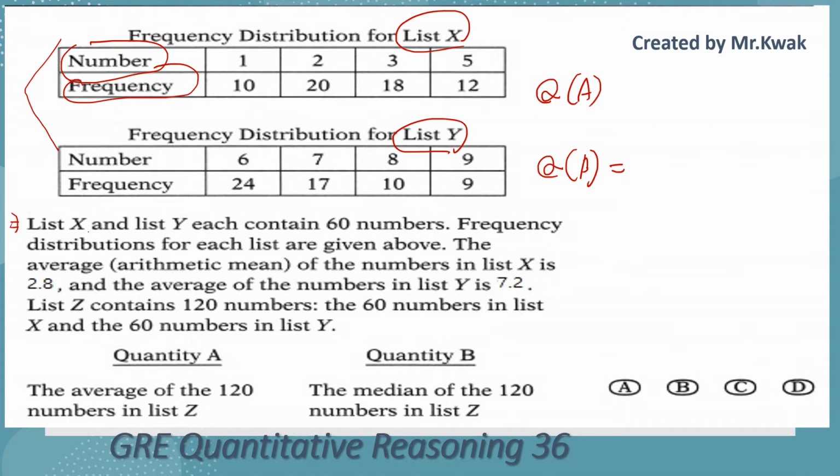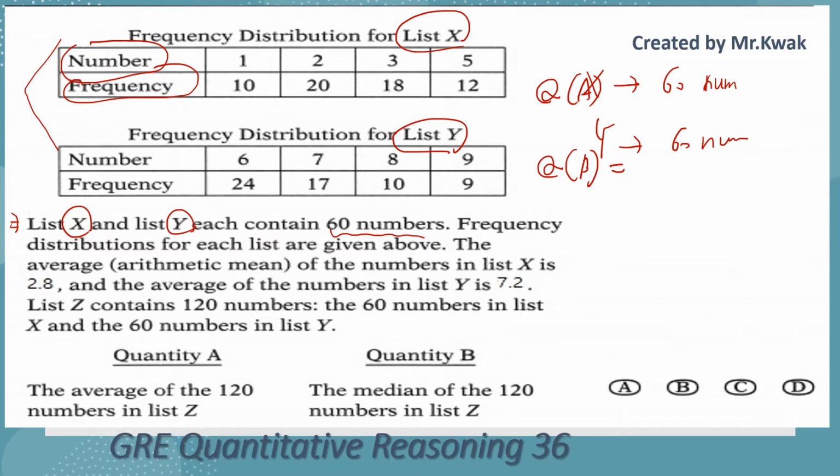List X and Y each contains 60 numbers. So X is 60 numbers. Y is also 60 numbers. Frequency distributions for each list are given above.